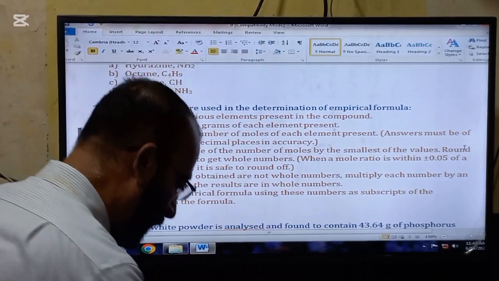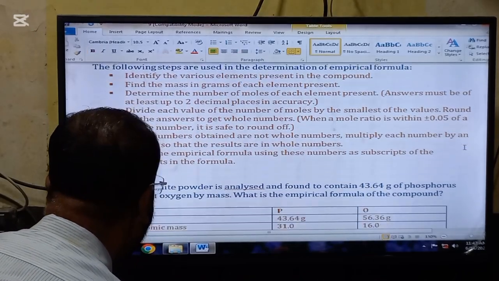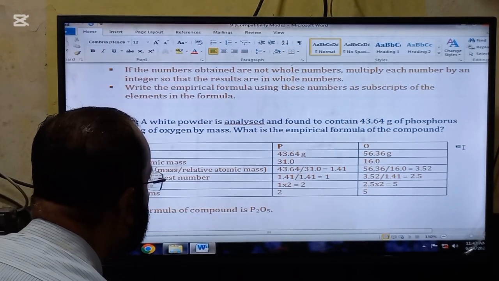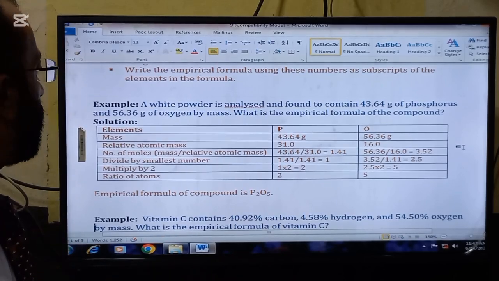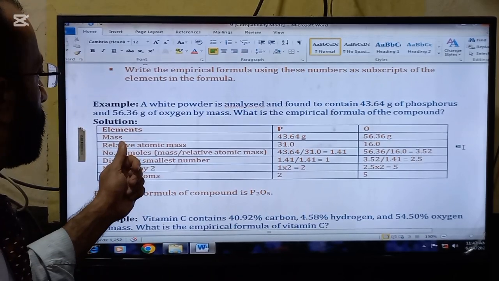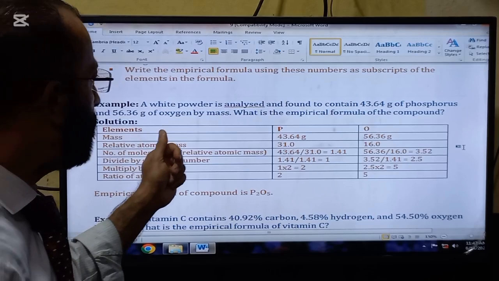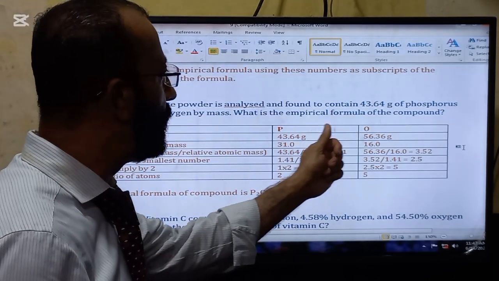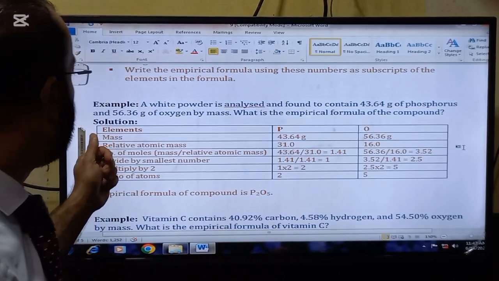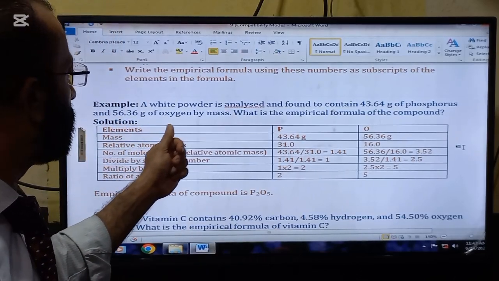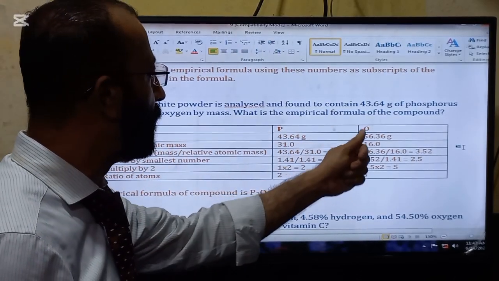Now concentrate, because when we solve some questions, these steps will be more clear in your mind. Look now, first example. A white powder is analyzed and found to contain 43.64 grams of phosphorus and 56.36 grams of oxygen by mass. What is the empirical formula of the compound?